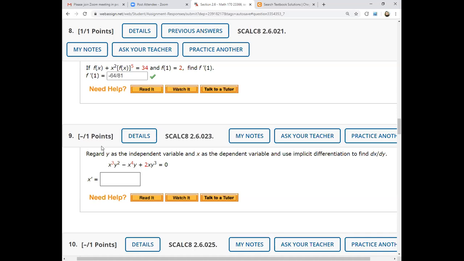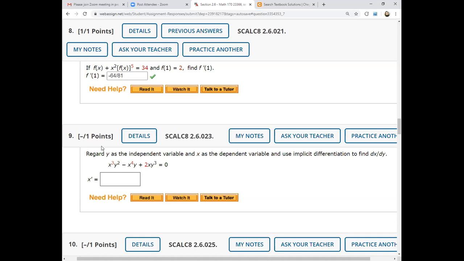Because remember, we're differentiating with respect to x, right? The derivative of the second function with respect to x is 2y dy/dx, okay?